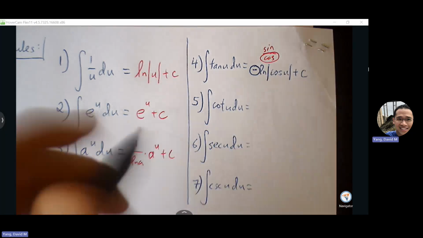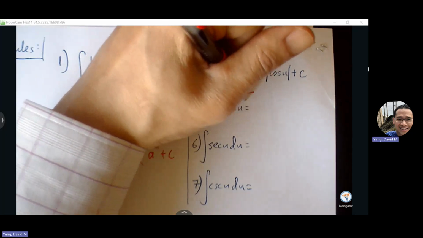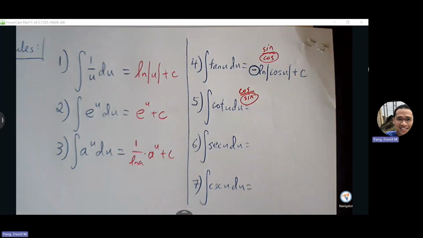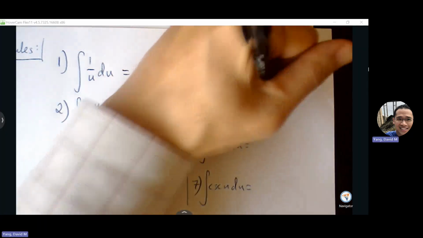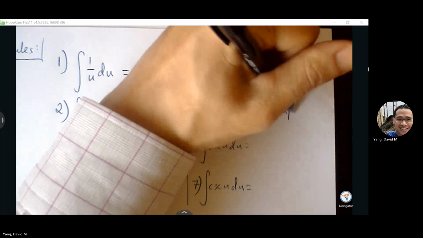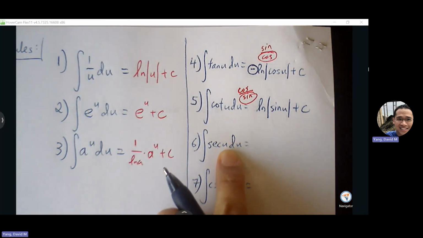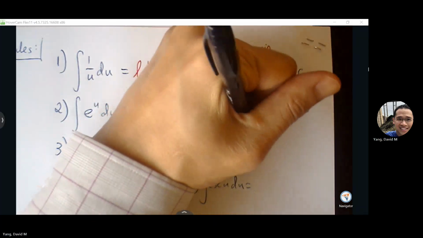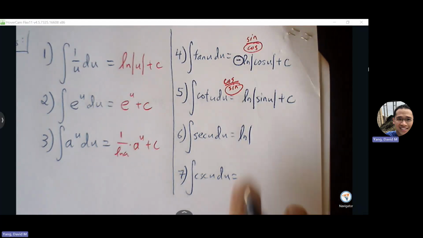Okay, cotangent, think of cotangent as cosine over sine. So sine is going to show up. This one is positive, right? All right, what's secant's antiderivative? What two trig functions show up?